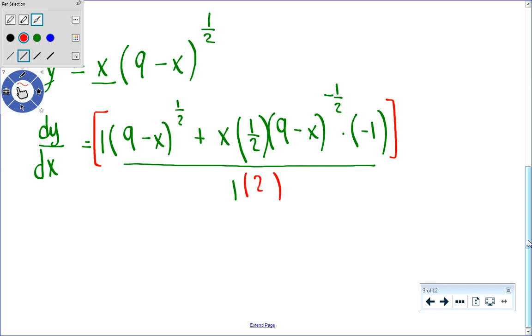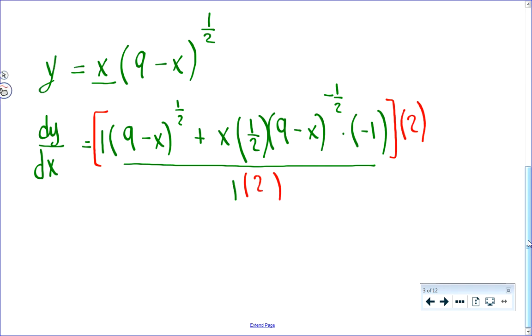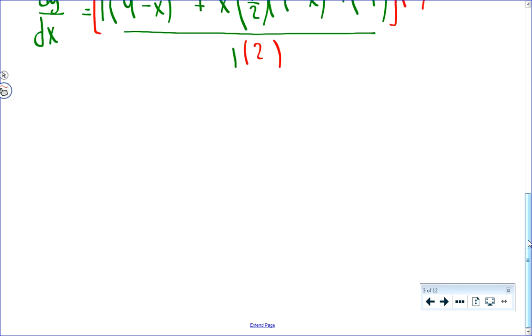I'm going to multiply top and bottom by 2. We've talked about this in class that you also need to factor the numerator, but I wouldn't recommend factoring and getting rid of that fraction in one fell swoop.